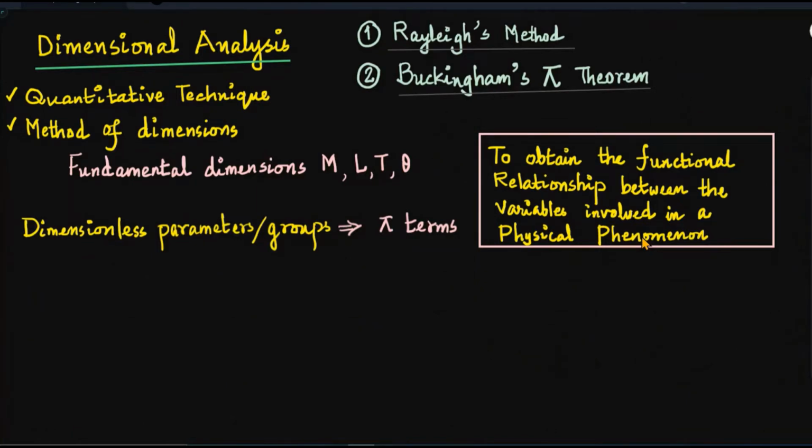So what are the influencing parameters or variables associated with that fluid flow problem? If you analyze that, the researchers will find the various variables or physical properties governing this particular problem, that is, finding the pressure drop in turbulent flow through a circular pipe.